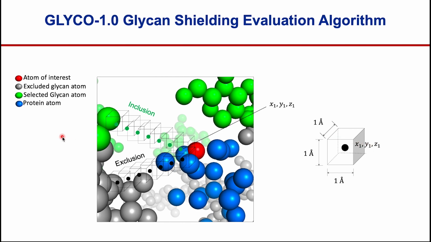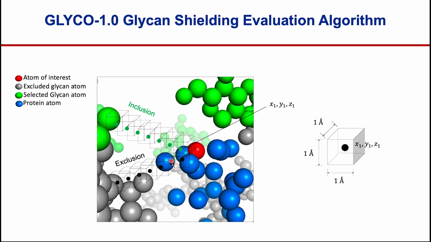The previous version that was published, GLYCO 1.0, adopts this kind of method for the key algorithm. It generates the vector with a numerical parameterization, meaning that it generates multiple dots instead of a line, and generates a cubic box for each dot, and this entire series of cubic boxes is my vector line.